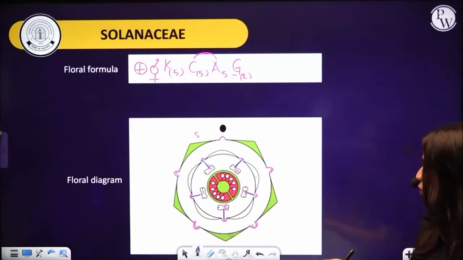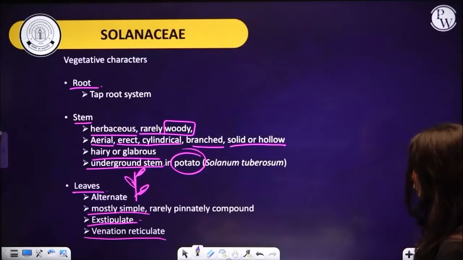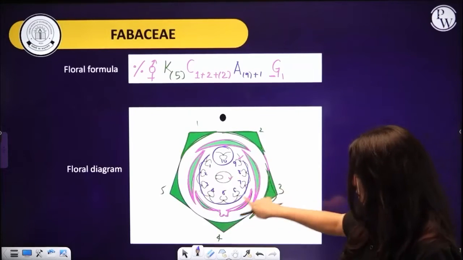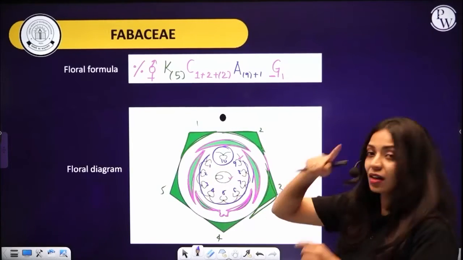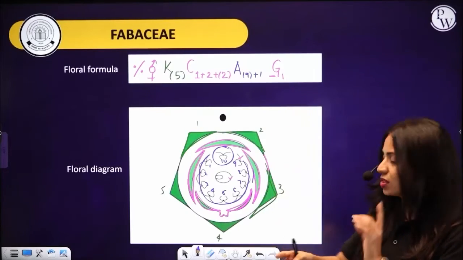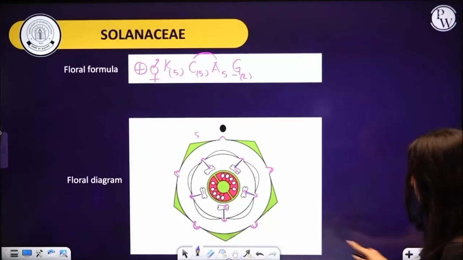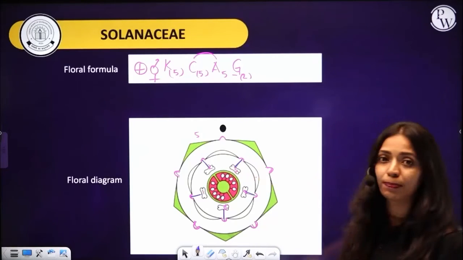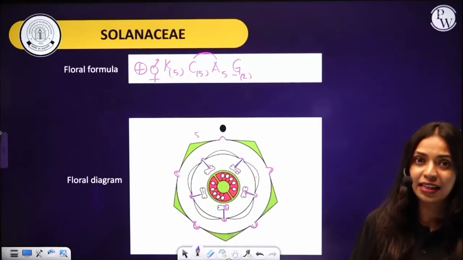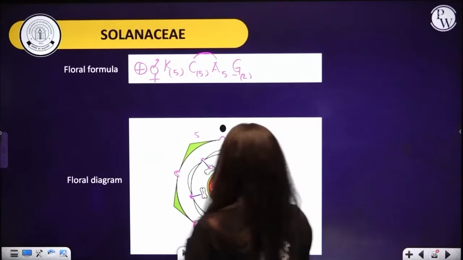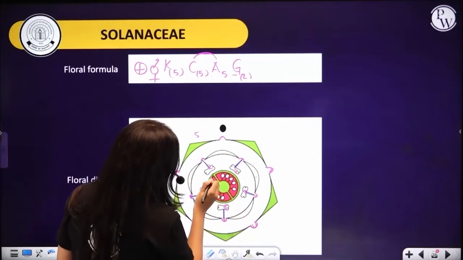Previously you saw that there was no such line joining the petals to the stamens, right? So here the stamens are connected to each other, which means they are fused. But over here you can see that the stamen is connected to the petals by a line. This indicates epipetalous condition.